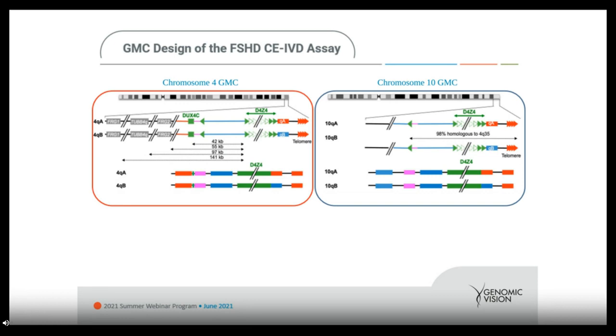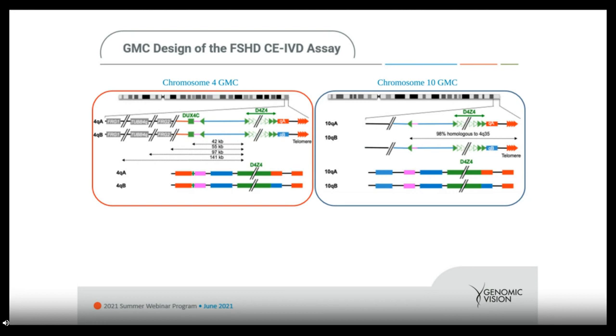Then we hybridized the green tract for the D4Z4, and at the end there is a small tract for haplotype A when it's red and B when it's blue, and at the very end we have the beginning of the telomere in red.